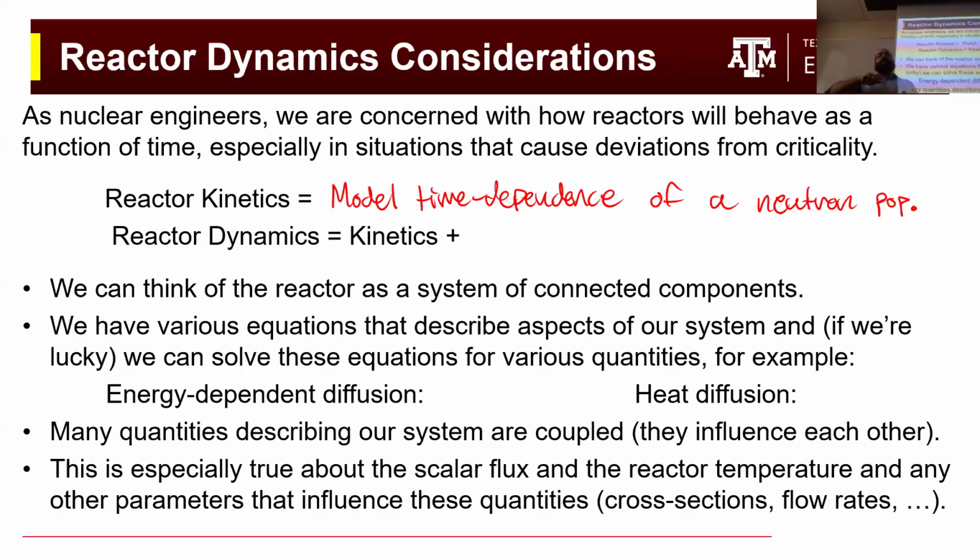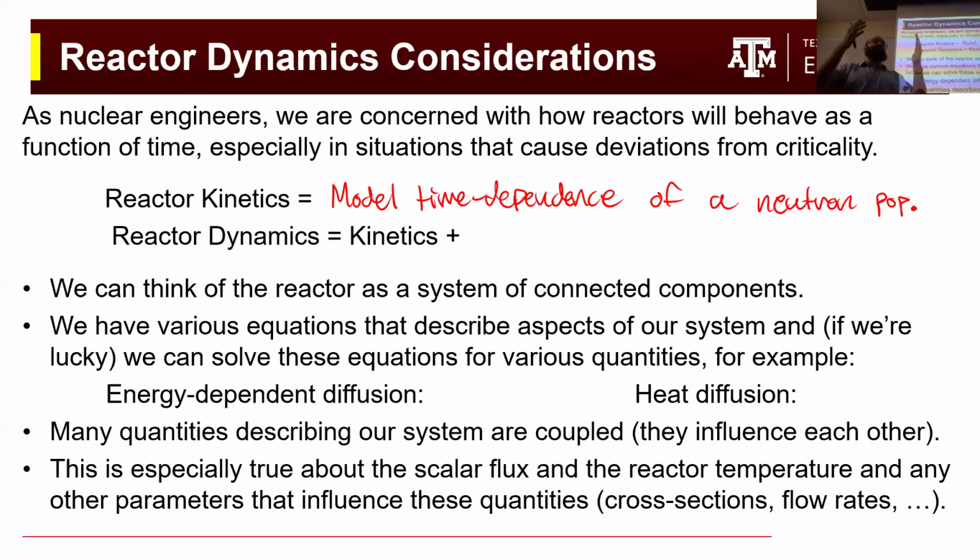Dynamics is kinetics plus some extra complicating features. Anytime your system is changing with time, characteristics of that system can change too. For example, if we remove a control rod from our reactor, that's going to reduce absorption and allow our neutron population to increase. And as our neutron population increases, that's going to affect other features of our system.